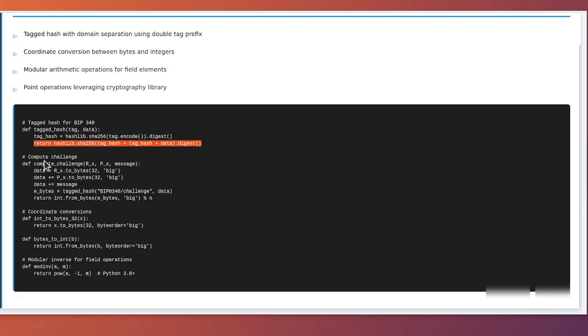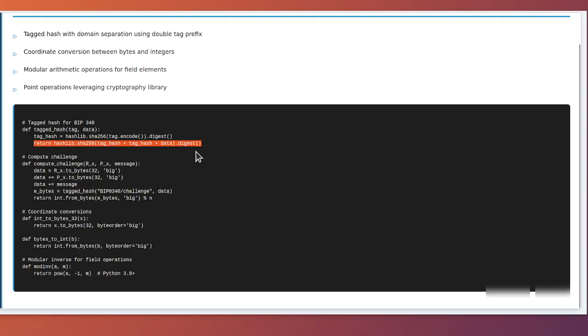This double prefix with the tag hash ensures strong domain separation, preventing hash outputs from one context from being misinterpreted in another. In Python, we implement this using the hashlib library's SHA-256 function. We first compute and cache the tag hash. Then, for each tagged hash invocation, we create a new hash object, update it with the tag hash twice, update it with the data, and return the digest.